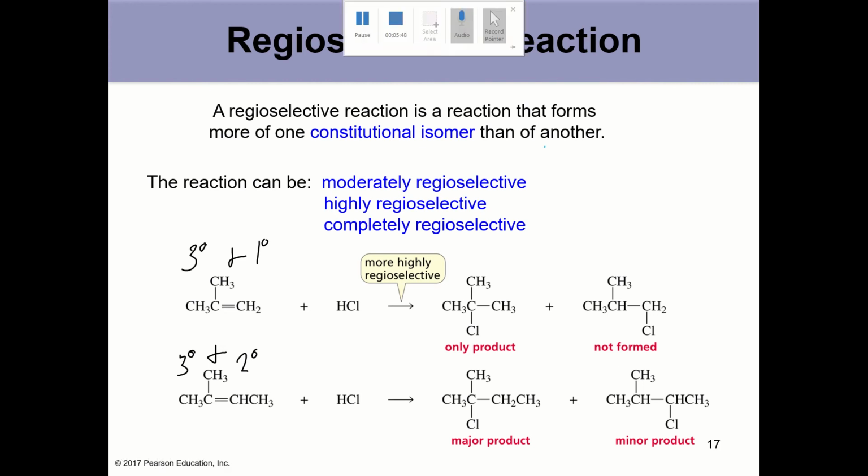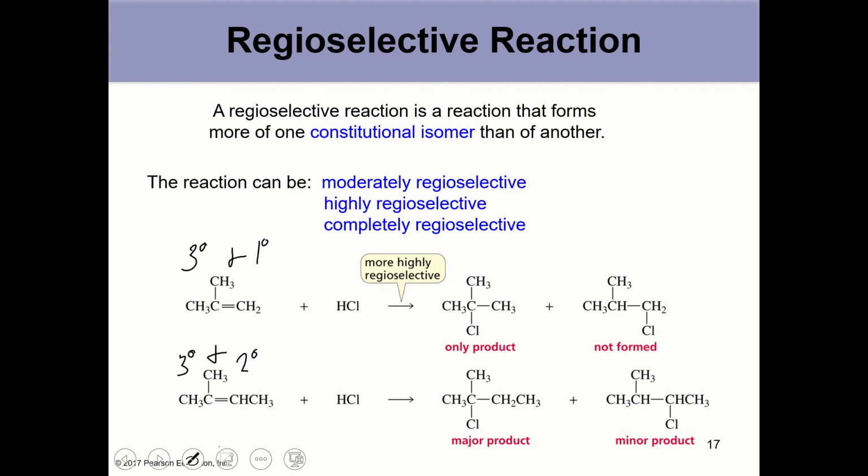Okay. Regioselective reactions. These are reactions that form more than one product, more than one constitutional isomer as a product, and the constitutional isomers are present in different amounts. So a reaction can be moderately regioselective, highly regioselective, or completely regioselective. Completely regioselective would be forming only one of the two possible products.